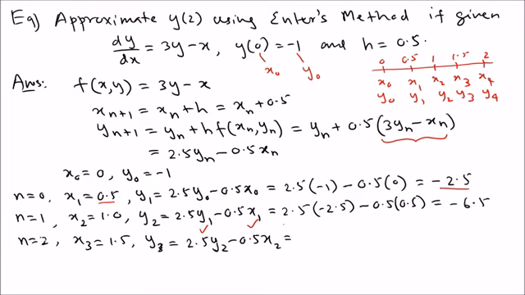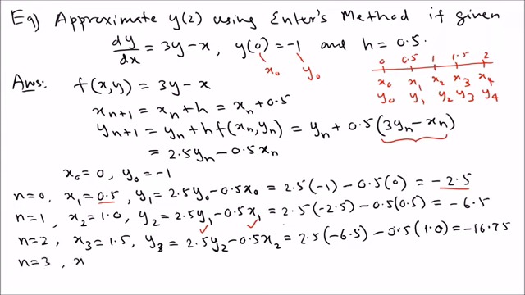We know all the values from the previous step, so it is 2.5 times negative 6.5 minus 0.5 times x2, which is 1.0. Now we simplify again. You're going to get negative 16.75 with a calculator. And then we can do n equals 3.